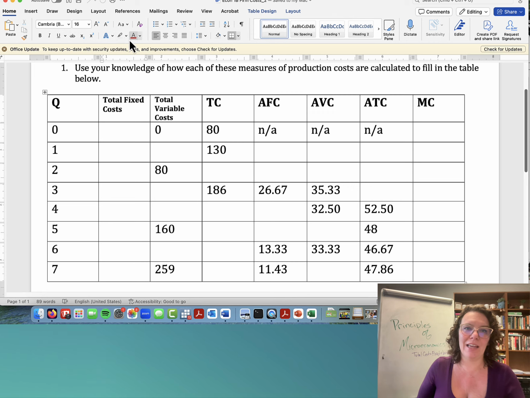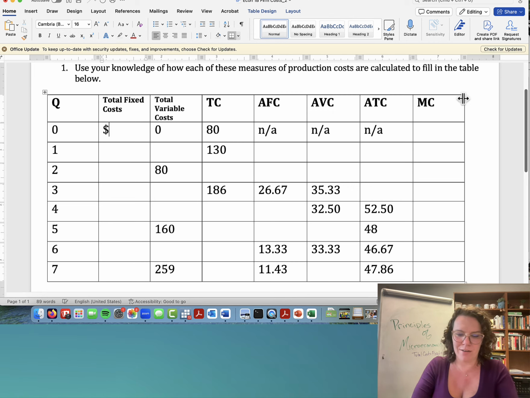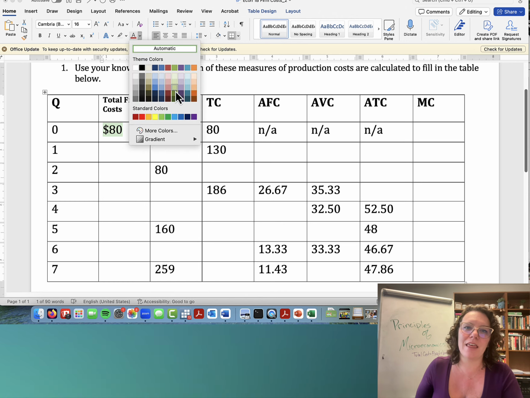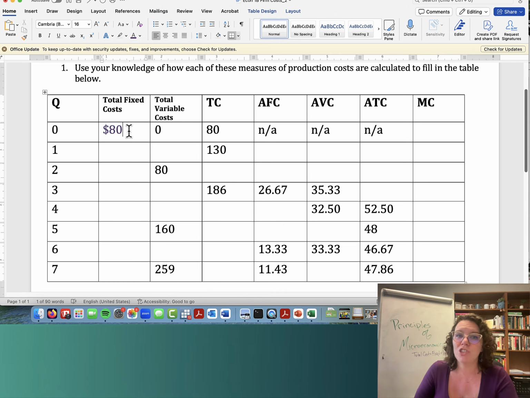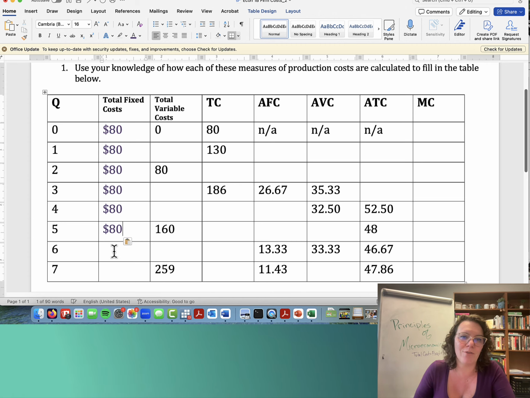We can pop that in there. Our total fixed costs are going to be $80. And the nice thing is that fixed costs don't change when we scale production up. If it's $80 at one level, it's going to be $80 at every level of production. So that will fill in that whole column for us.